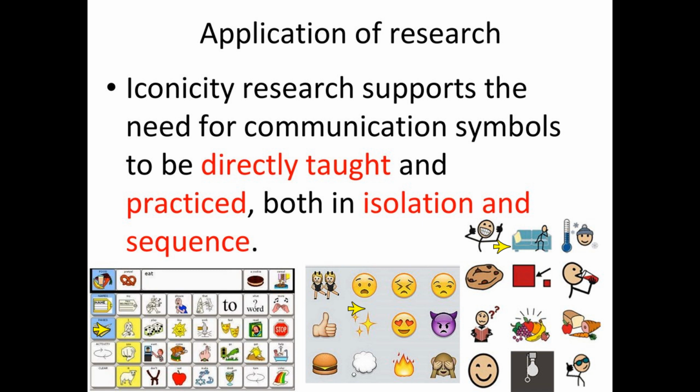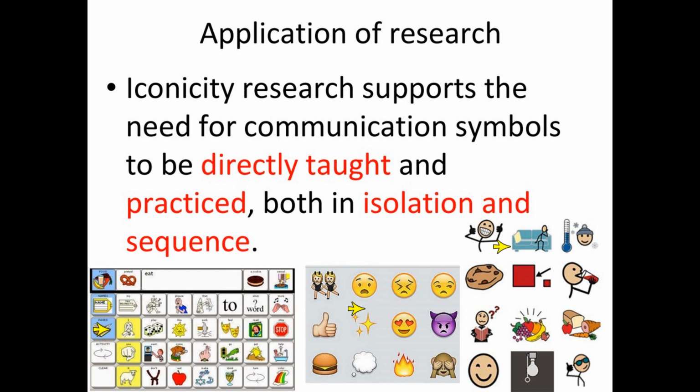So they have to be directly taught, they have to be practiced in isolation and sequence. Now, I do want to note there are some individuals who, no matter how much you try to teach them a specific symbol means a specific word, sometimes they aren't processing it very well. That's where you can look at a symbol hierarchy, and you can go ahead and look into that if you want, using black and white line drawings, colored line drawings.